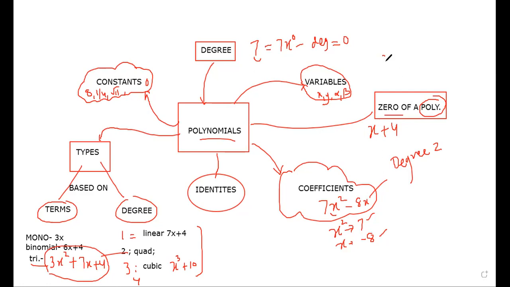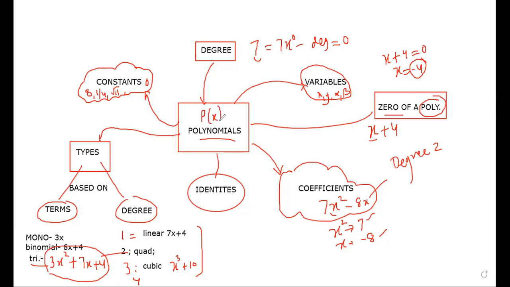So for finding the zero of a polynomial, we have to equate the polynomial with 0, right? And the value of x that we got here is minus 4. That minus 4 is called the zero of the polynomial, because when you put minus 4 here, the value of the polynomial is 0. Polynomials are generally denoted by P of x.